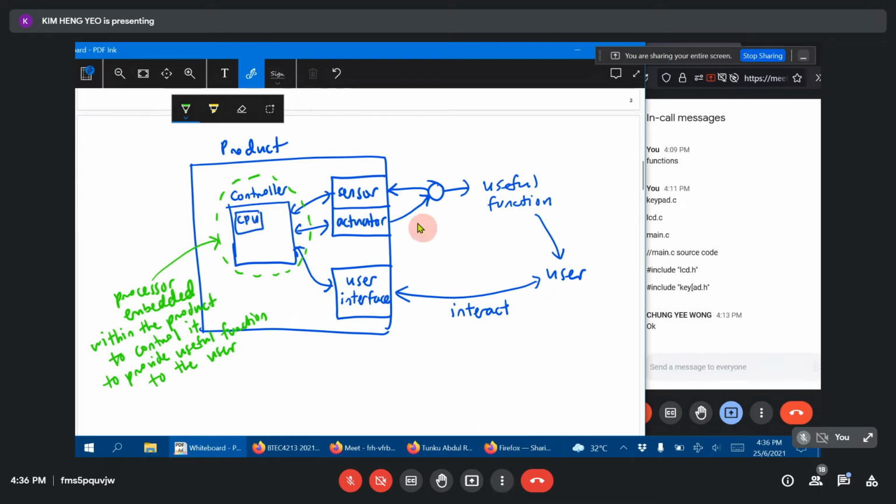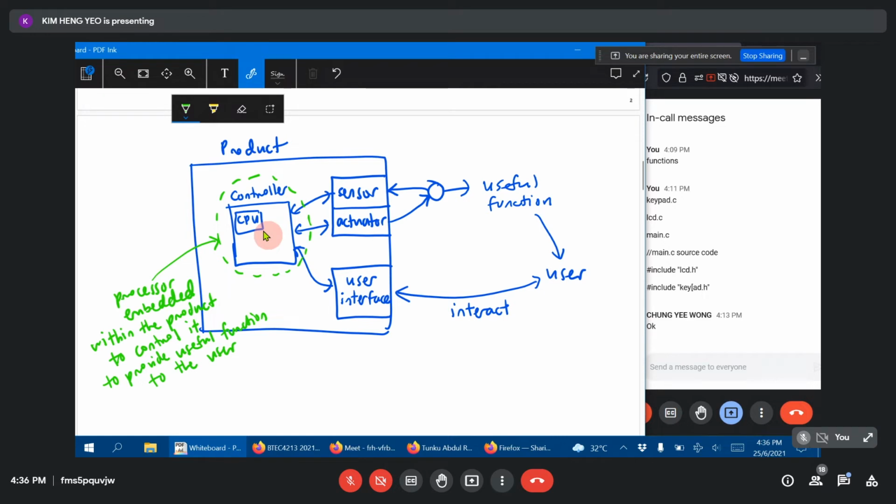As compared to a desktop computer. Now, a desktop computer, what is its function? Computing, processing. So you are using the processor directly. That's the main difference between embedded system and desktop computing systems. Desktop or laptop computing systems, you use the processor directly to run programs, to process data.